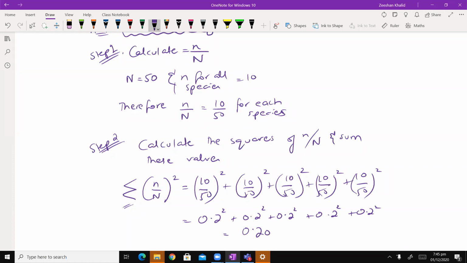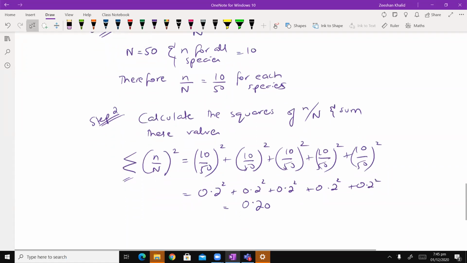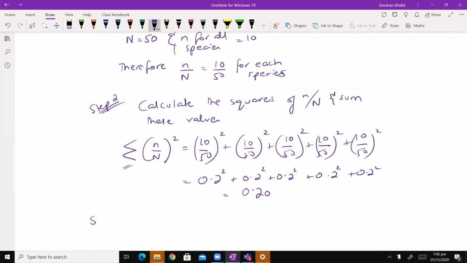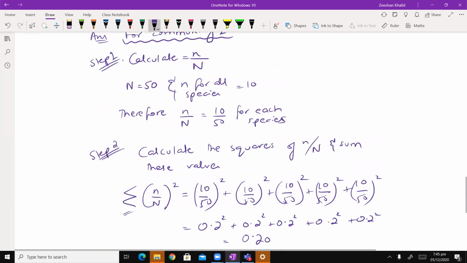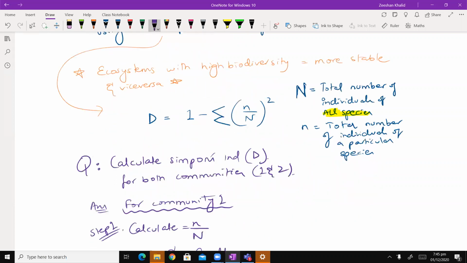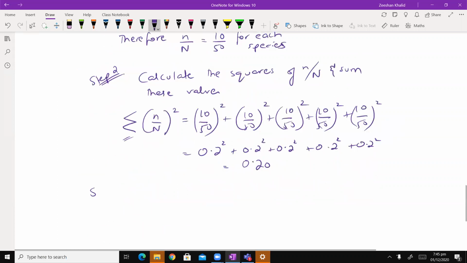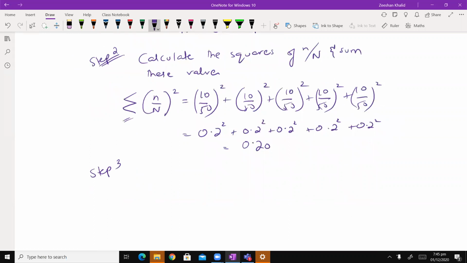And then step three, finally, if you look at the formula, what was the formula? 1 minus summation. So we've calculated all of this, and what we need to do next is subtract this value from 1.